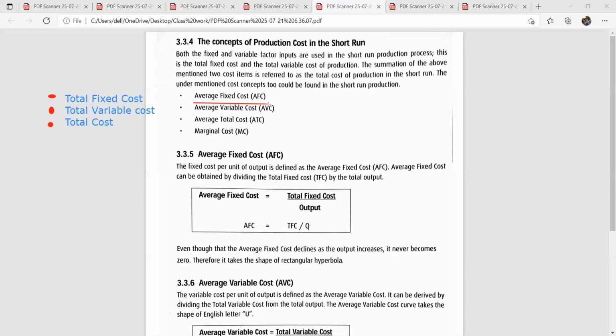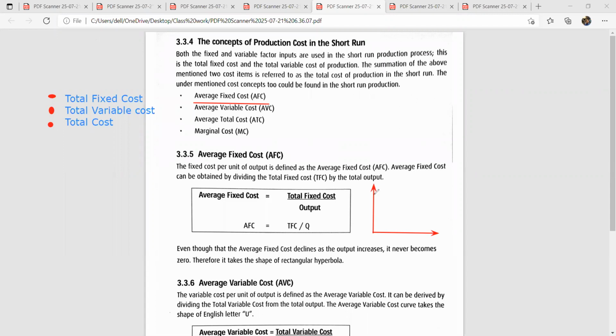We knew that fixed cost is constant, but the number of units is increased gradually. Then what will happen to the average fixed cost? It will diminish gradually. Average fixed cost decreases gradually like this. Just let me draw a diagram and show you.